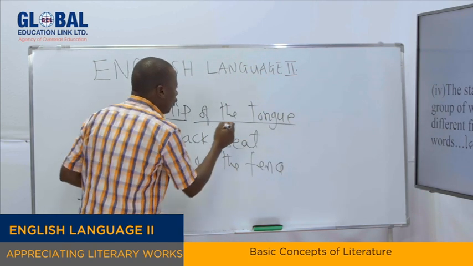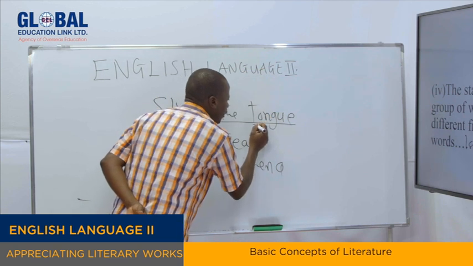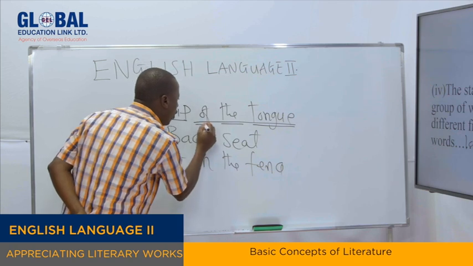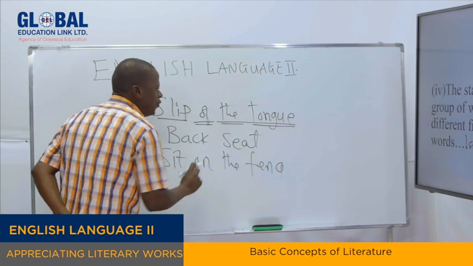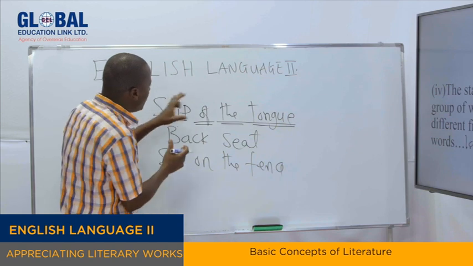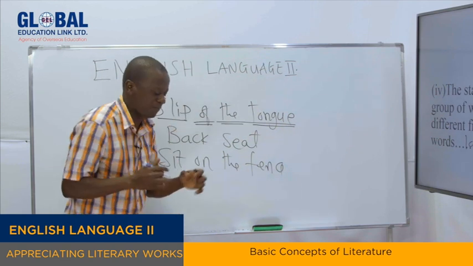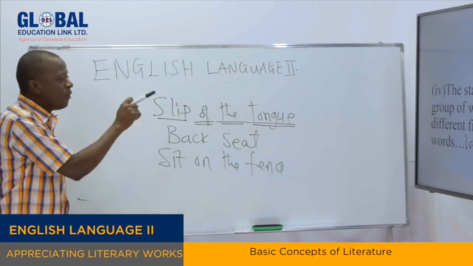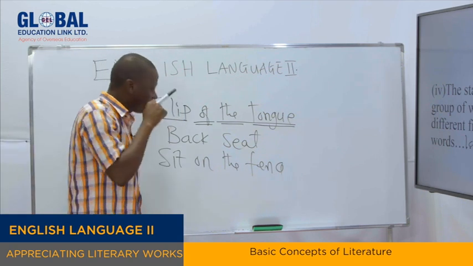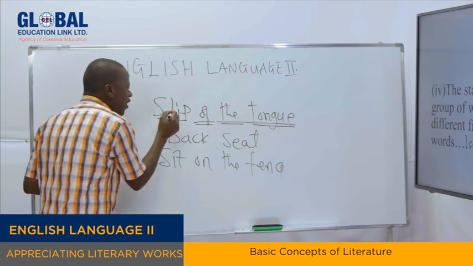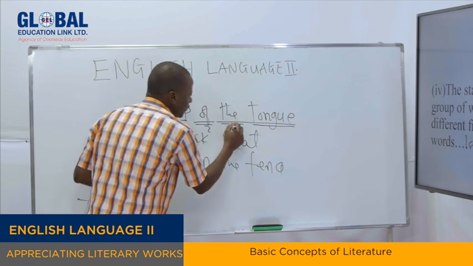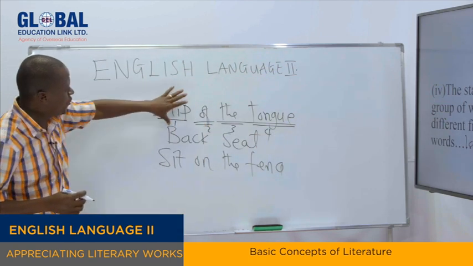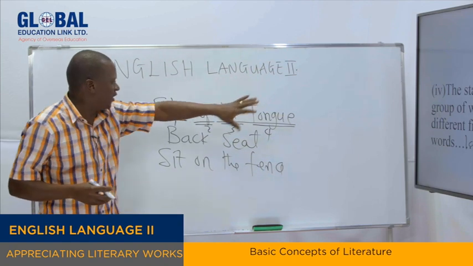If you are to take the meaning of the individual words here, tongue alone, then the article and the preposition of, it will be so hard for you to understand the meaning of this particular idiomatic expression. That's why it says it contains words or group of words whose meaning is different from the meaning of individual words, like one word, 2, 3, and 4. If you are to take the meaning of each word here, you won't get the meaning of the entire thing.